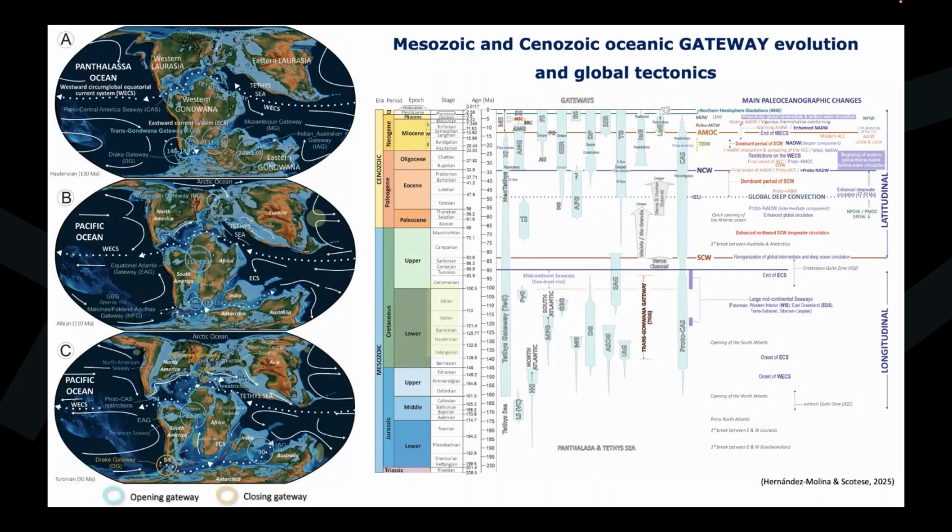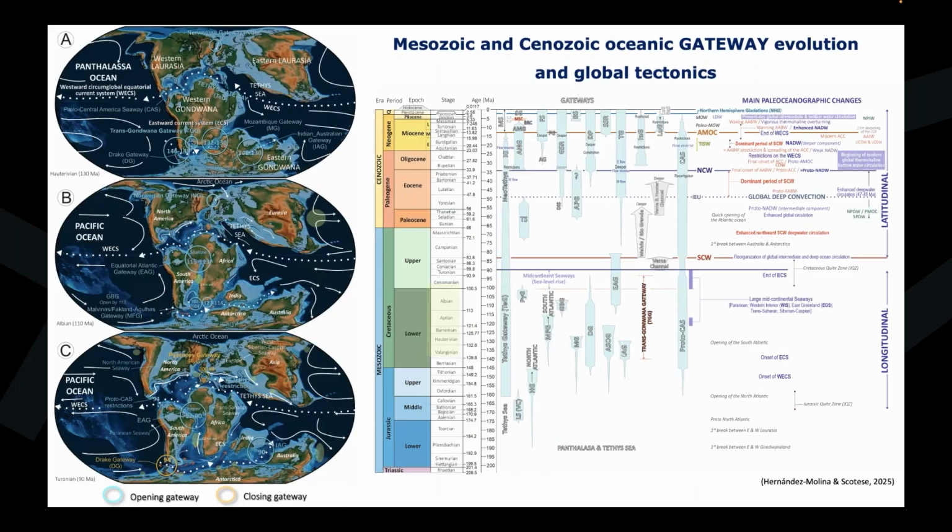So here you can see this example for the Cretaceous. In light blue, you have the opening of the gateways, and in light orange, you have the closing of gateways. And the opening and closure of gateways have been key to changes in the structuration of the water masses through time.